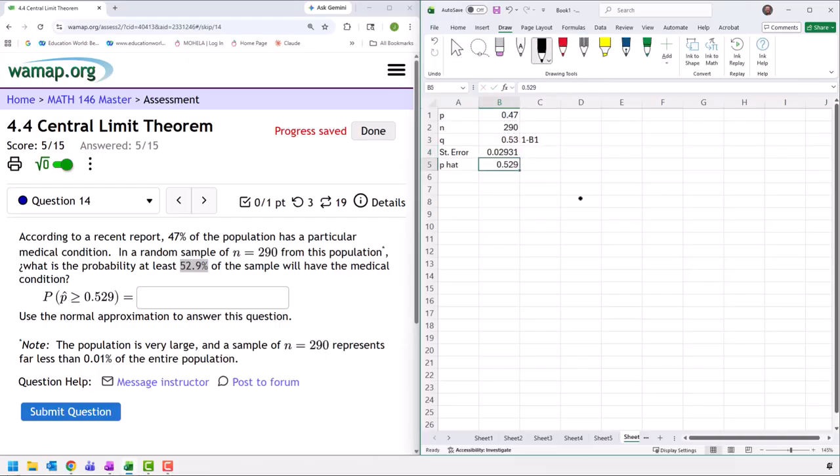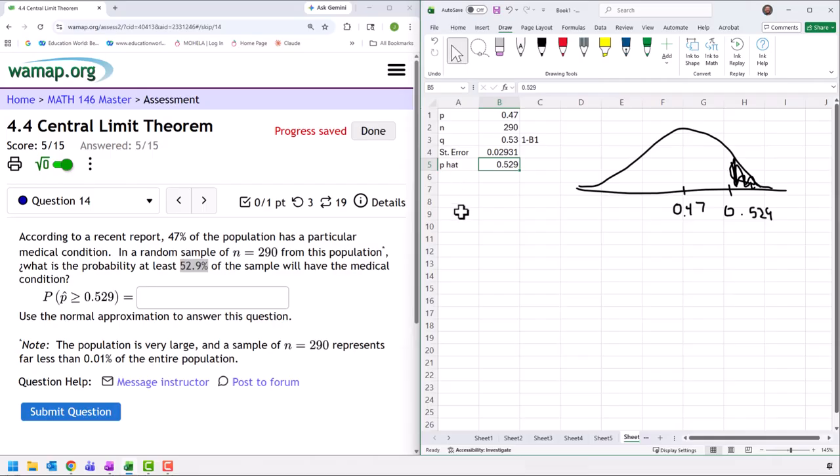And we got a distribution, so here we go. 0.47 is here. And with the standard deviations, it could be a little tricky to draw them, so I'm going to just put, say, 0.529 is over here. And we're looking for this right here.